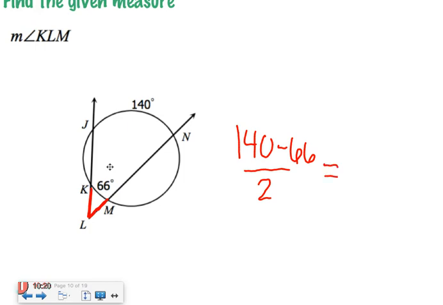If I subtract them, I get 74, right? Divide by 2 and get 37.